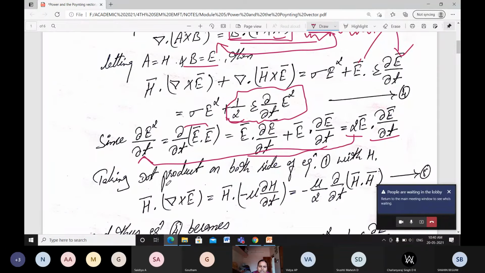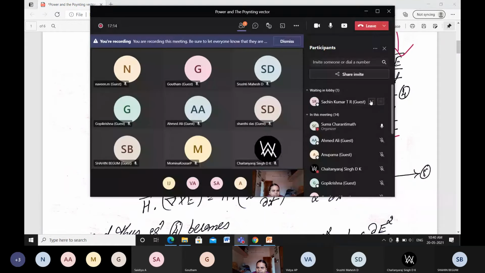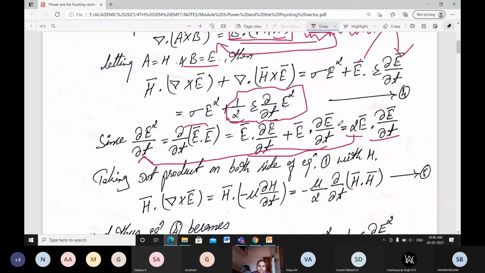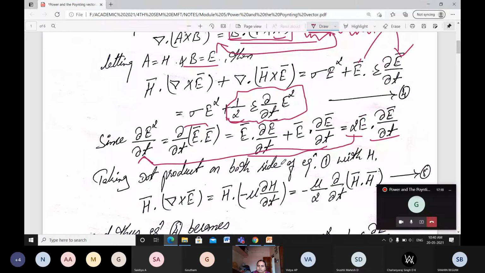Then taking again a dot product, this time for equation 1. We already took it for equation 2 and got the solution for the electric field intensity and magnetic field intensity as equation 4.